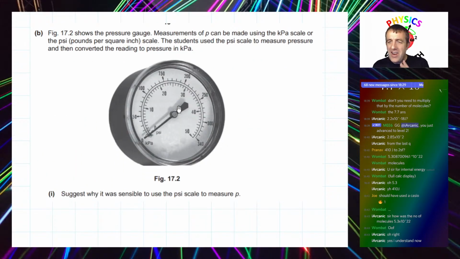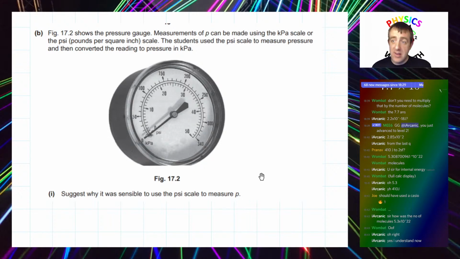But this is, I really like this question. Again, this is A-level, but GCSE students, you're going to like this. Looking at this manometer scale, why is it sensible to use this peculiar, archaic unit, PSI, pounds per square inch? What kind of crazy country would still use pounds per square inch to measure pressure?